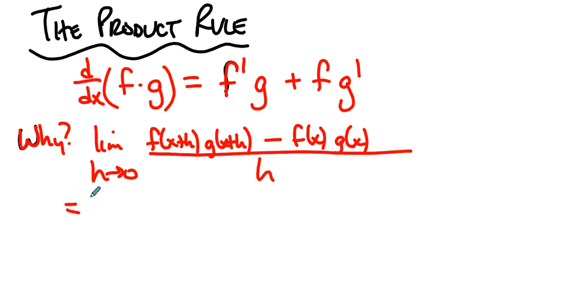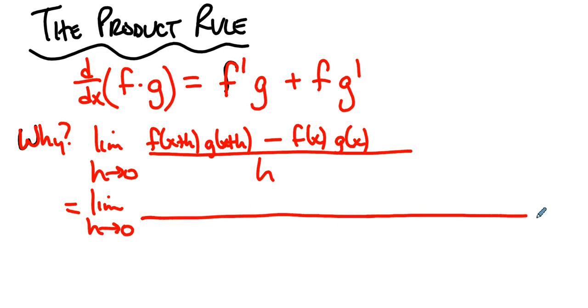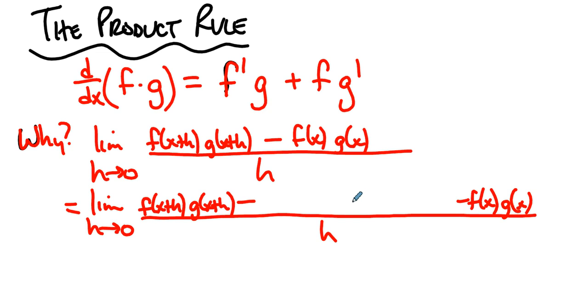Because I know what's coming, I get to do an algebraic trick. We're going to take this numerator and insert a minus and a plus, and it's going to be the same thing in each of these spots. And that thing is going to be f of x plus h g of x.